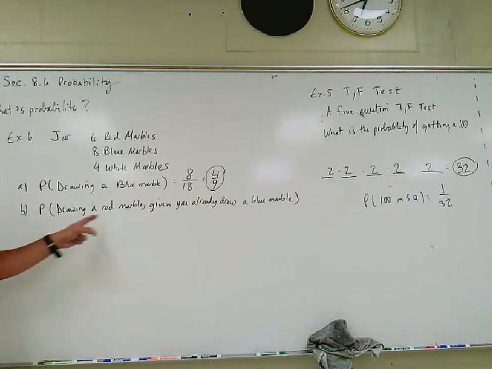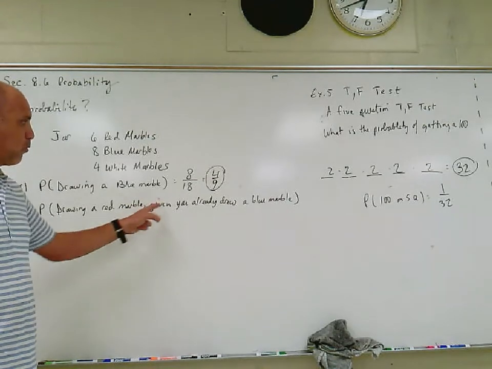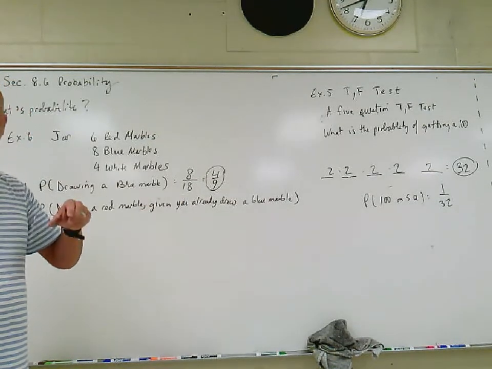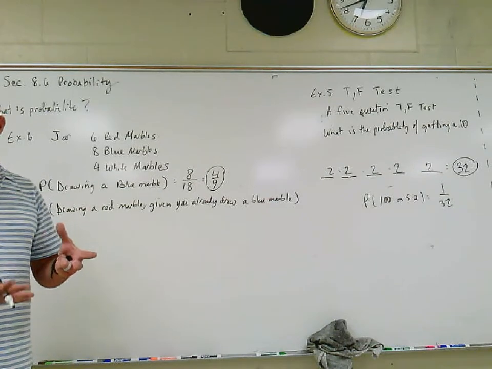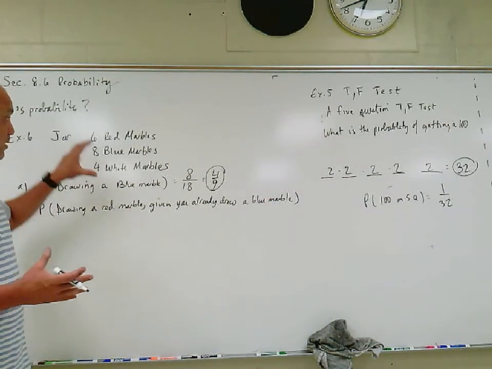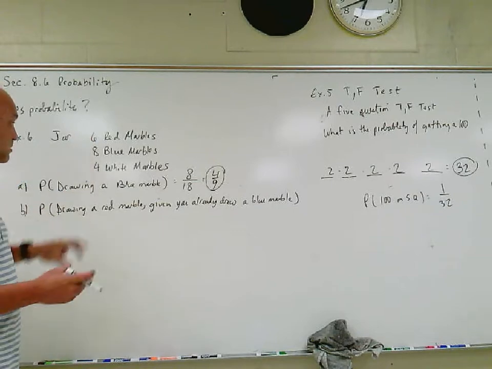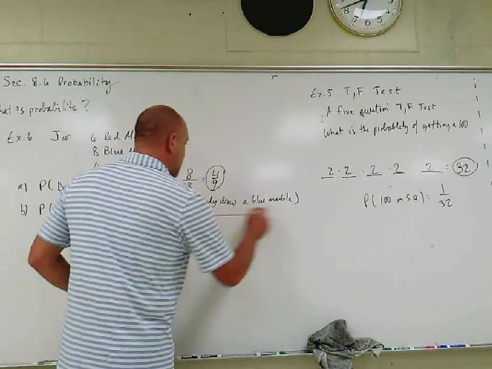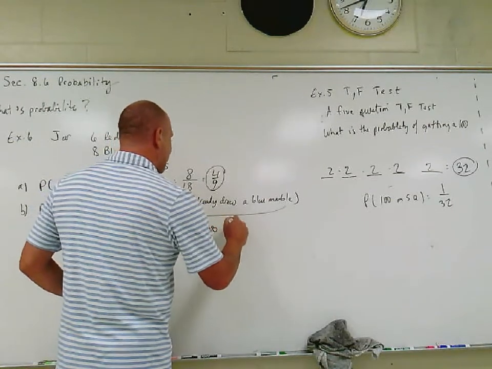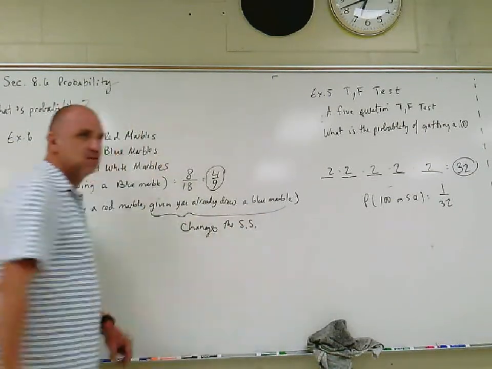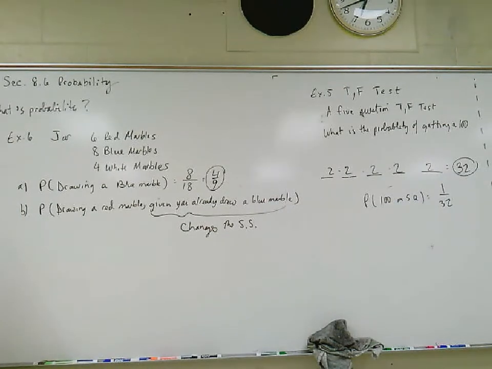Now, what is this telling you on the second one? You're going to draw a red marble, but you already drew a blue marble. So what's happened to the jar? One less marble. Now there are only 17. What this does is change the sample space.